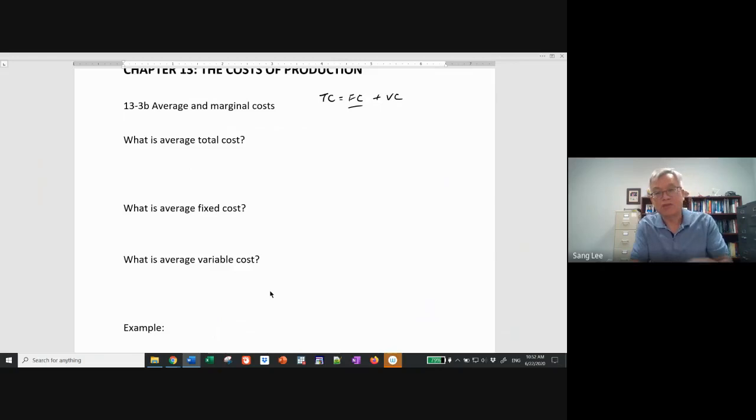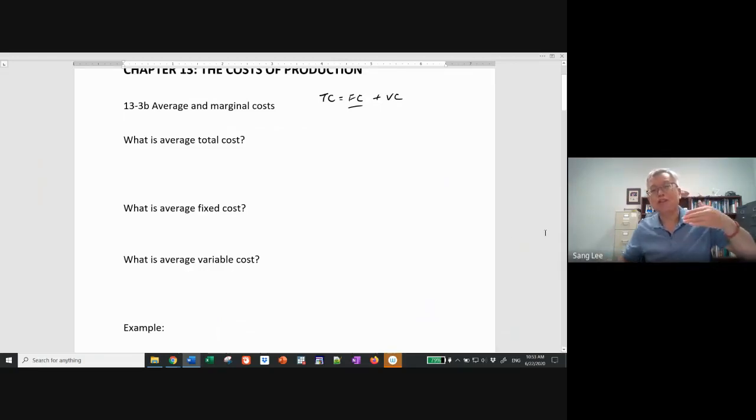Examples include such as what? A monthly property rent and property tax or some insurance premiums. They do not change whether you have what? Large business volume or small business volume. But on the other hand, some expenses will change.